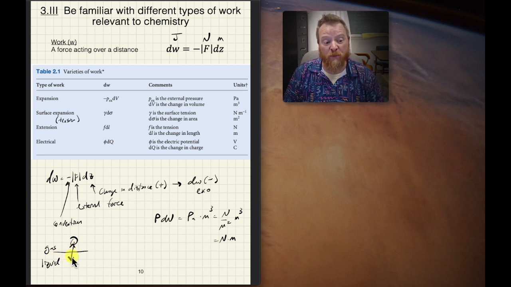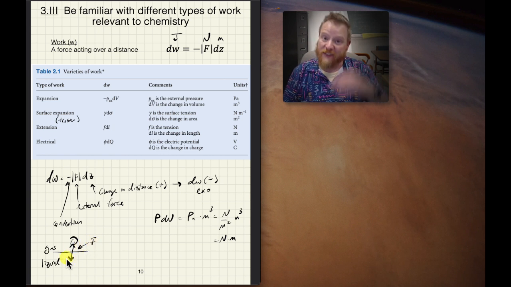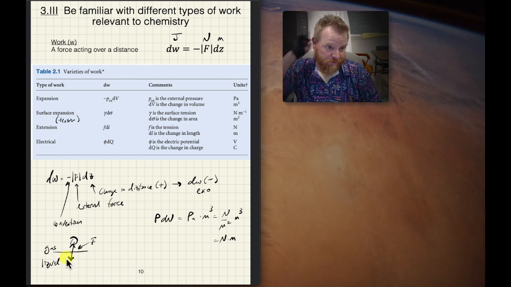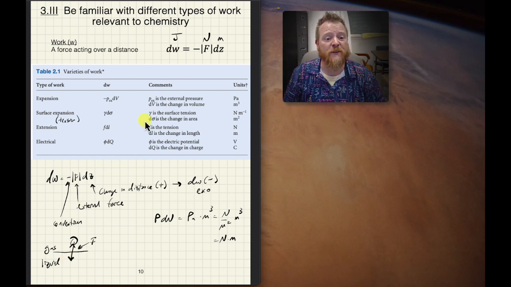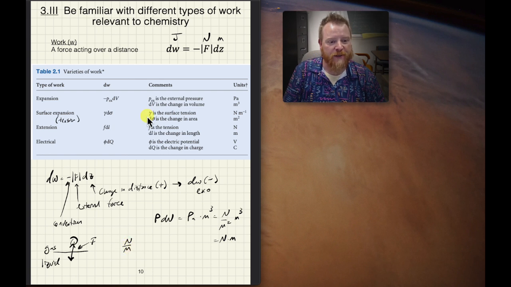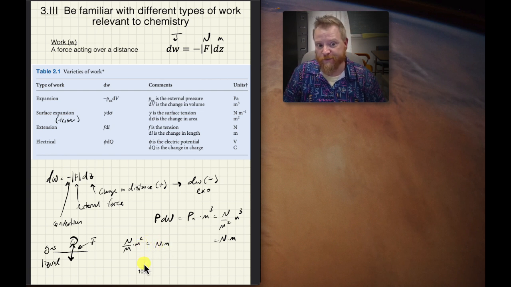So we've got to apply some force over this distance across the interface. Okay. So that surface tension is given by gamma, and this is related to the change in area. You can see with the units there, that's going to be a Newton per meter, the unit of surface tension, times a meter squared. That gives me a Newton meter, or a joule.